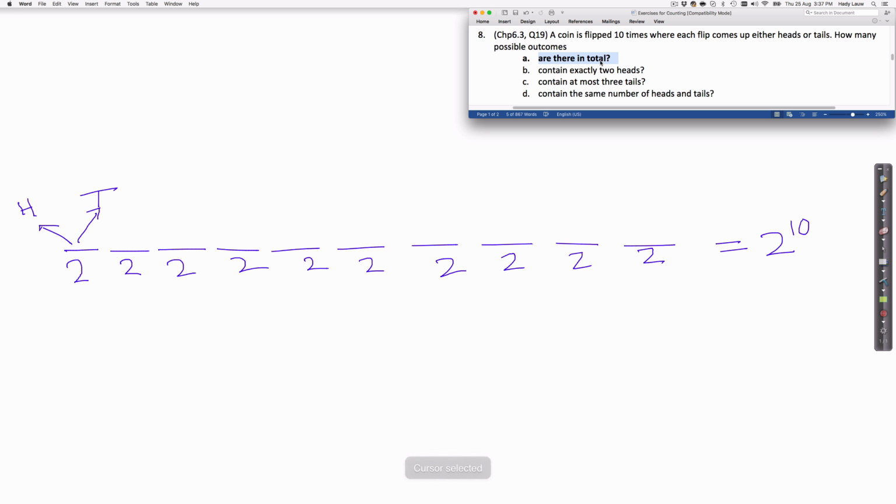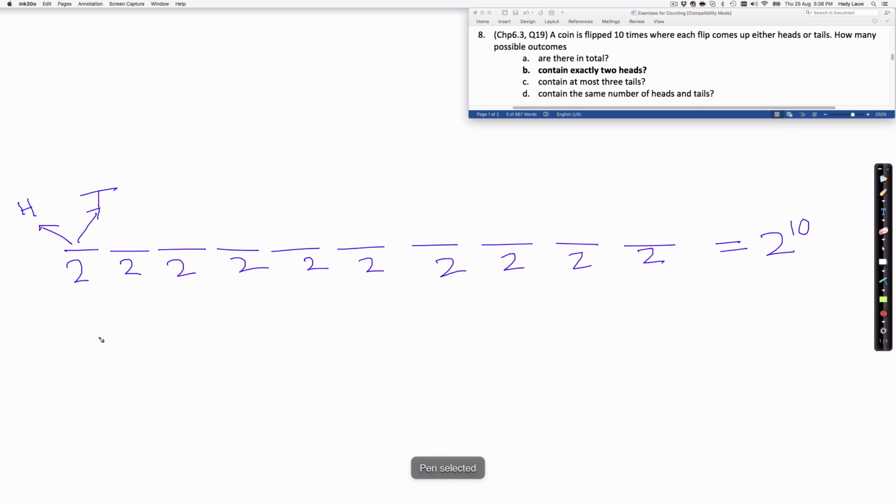Now let's look at 8B next. In this case, we are looking at the number of possible outcomes that contain exactly 2 heads. So no less, no more. Any possible outcome is going to be a sequence of outcomes.